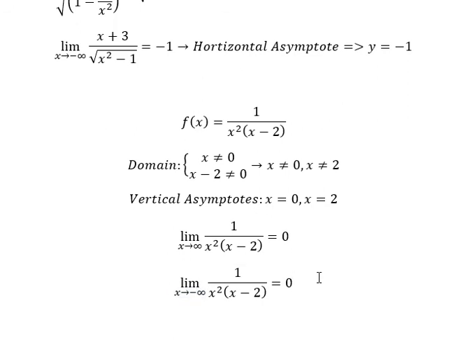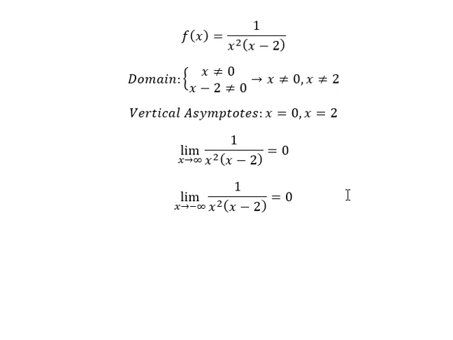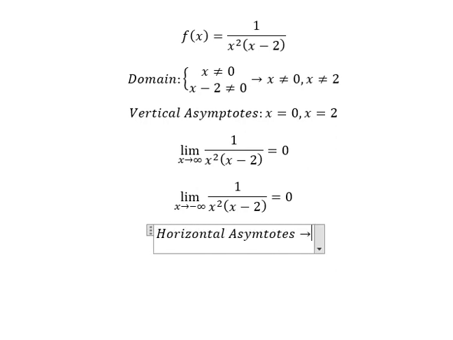So here we have only one horizontal asymptote. That's y equals 0.